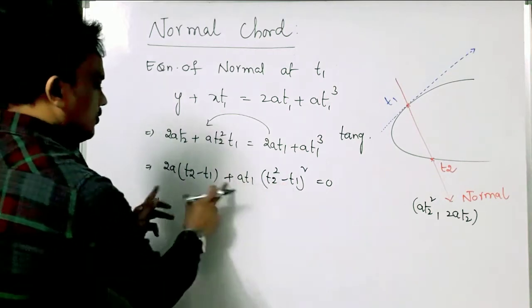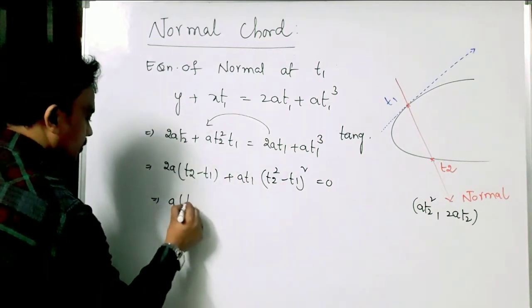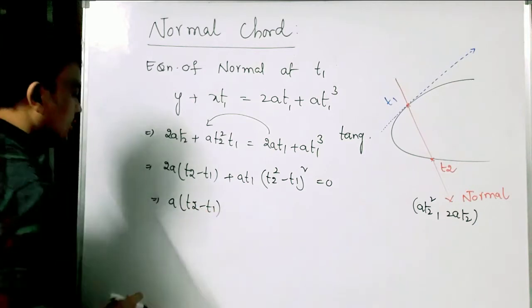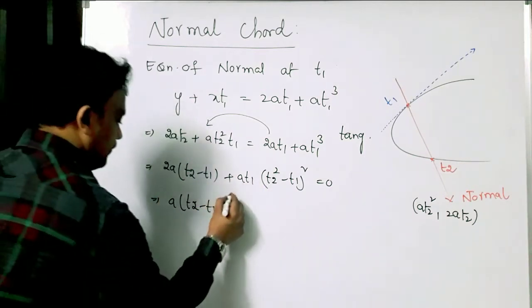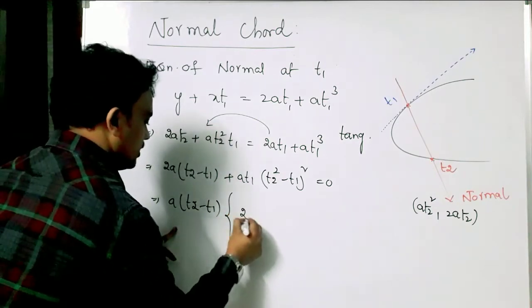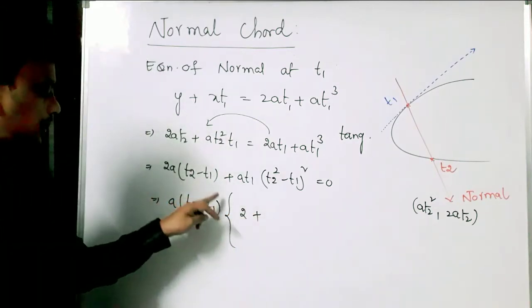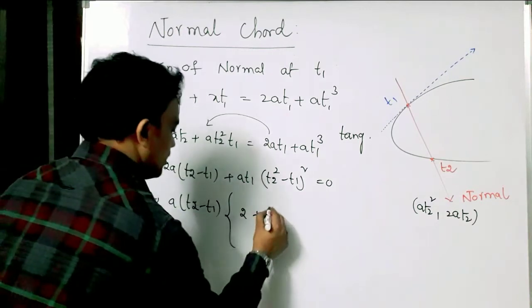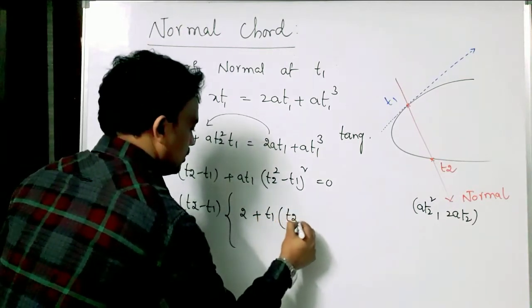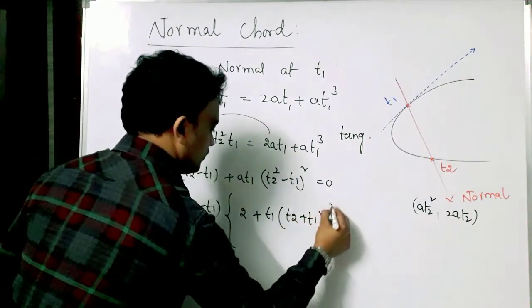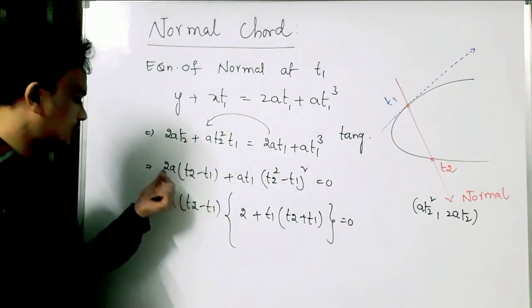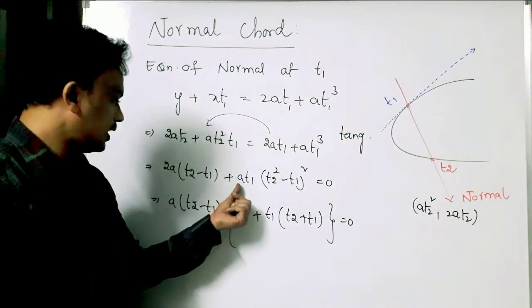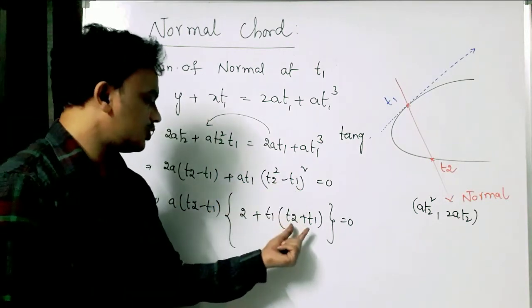From all of those, I can take a(T2 minus T1) out common. Here it is 2, plus T1 into (T2 plus T1), equals 0. By taking a(T2 minus T1) common, remaining is 2 plus T1 times (T2 plus T1).